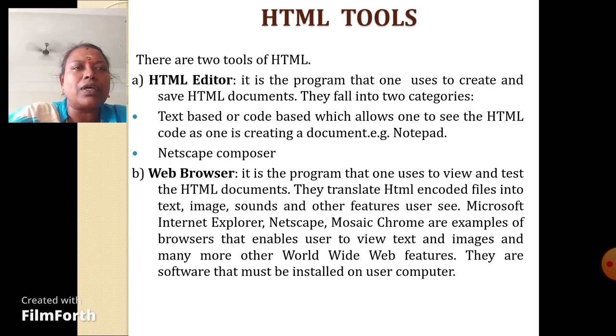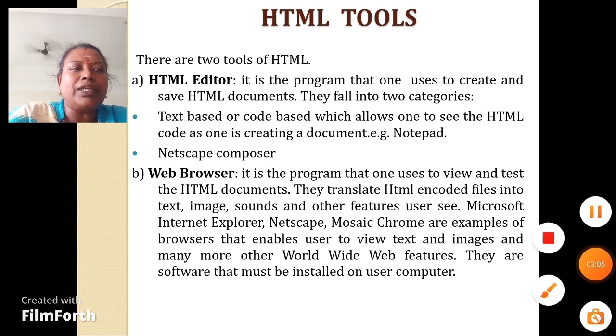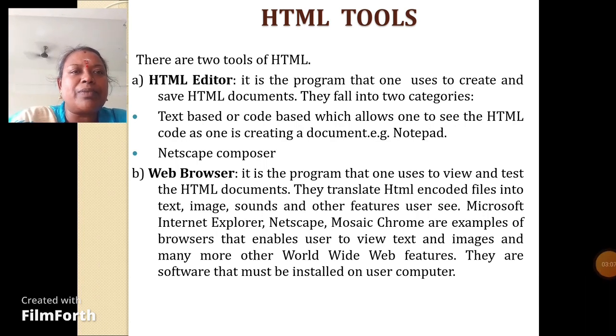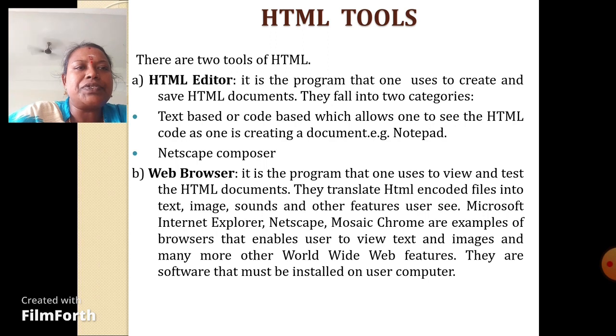So next one, HTML tools: how to create HTML tools. Basically there are two kinds of HTML tools, one is the HTML editor, another one is the web browser. An HTML editor means creating a web design by coding HTML documents.